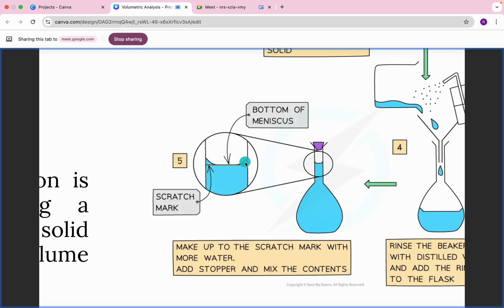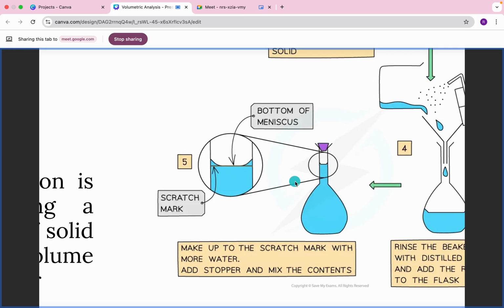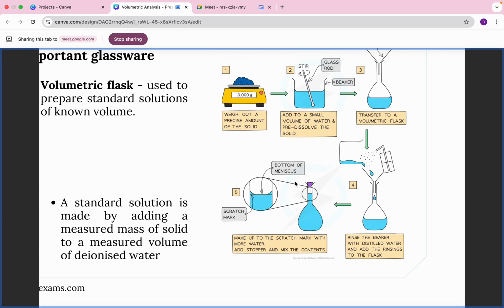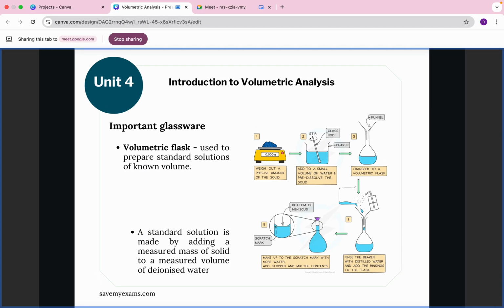If you have a clear solution, you need to look at the bottom meniscus and it needs to touch the mark on the volumetric flask in order for you to know that you are able to dilute your solution up to the mark. And now your titrant is ready for calibration.